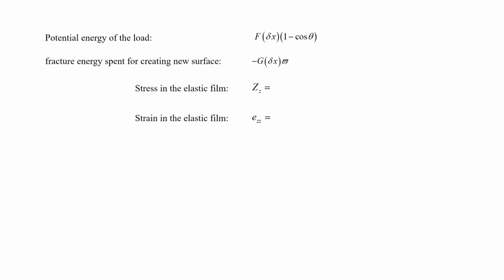In any way, here the fracture energy spent for creating new surface is this, and then the stress in the elastic field, so the energy that is there in this adhesive, also has to be calculated. We will calculate it by finding out the stress in it. That will be equal to F over H into W, where thickness is H and width is W. So, H into W is the cross section of this adhesive, and this is the stress in this film.